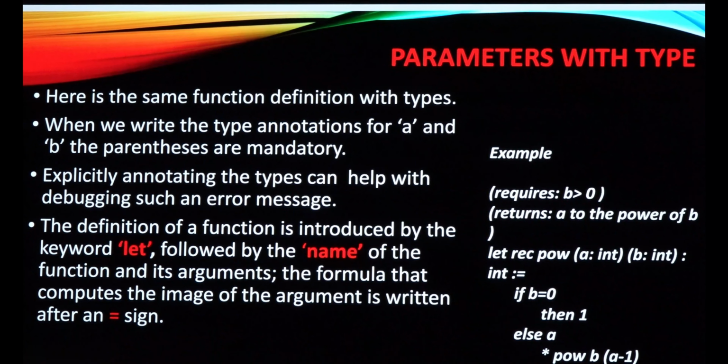The definition of a function is introduced by the keyword let, followed by the name of the function, in single quotes, and its arguments. The formula that computes the image of the argument is written after an equal sign, which is nothing but the assignment sign.